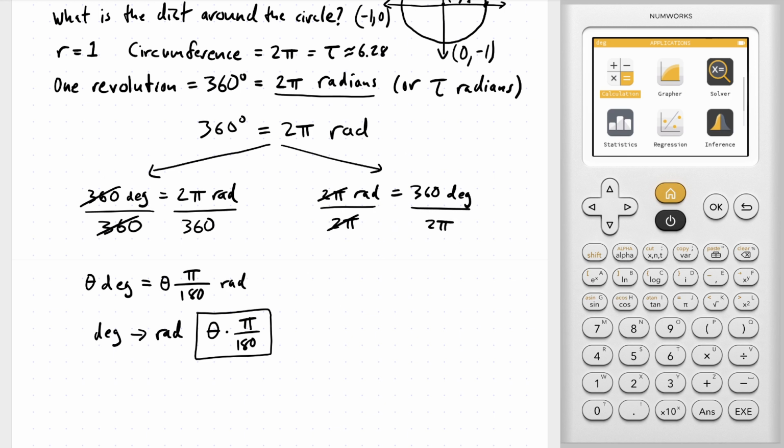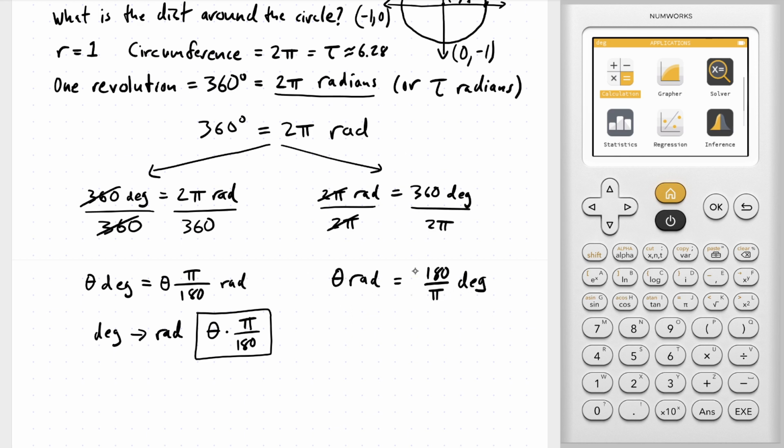Those cancel out, and what that means is that radians is equal to 180 over pi degrees, because I divided 2 from the top and bottom there. So 1 radian is equal to 180 over pi degrees.